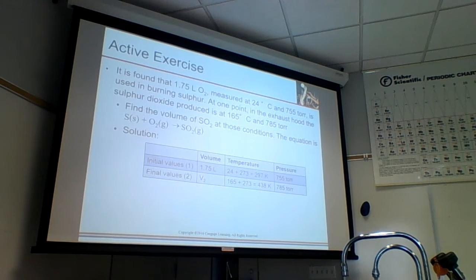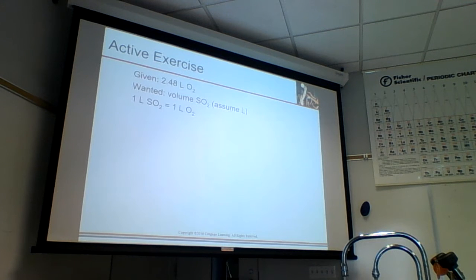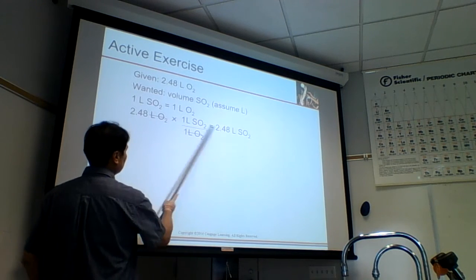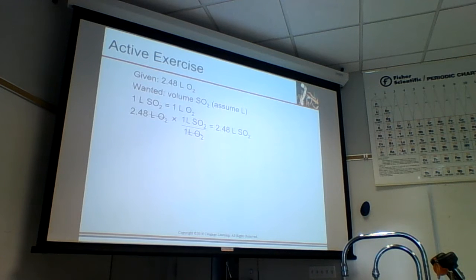So at the end, what they did was this. This would be the number of liters of O2 at the higher temperature. And here they do the 1-to-1 volume ratio. But that 1-to-1 liter ratio is going to be at the higher temperature. It's still 1-to-1, even at the higher temperature.